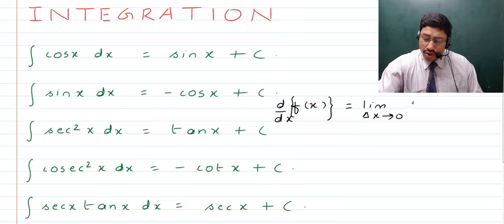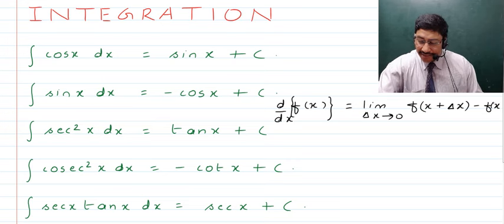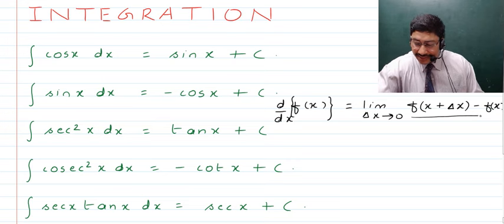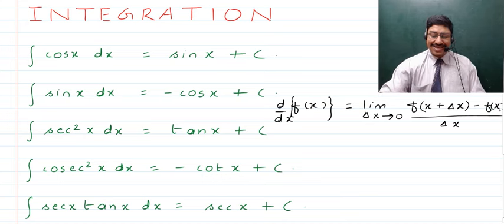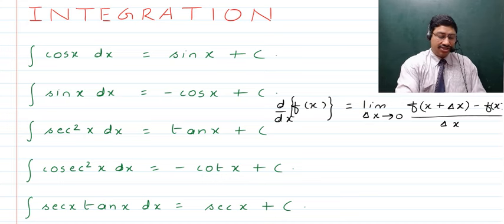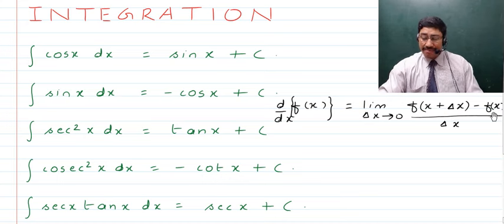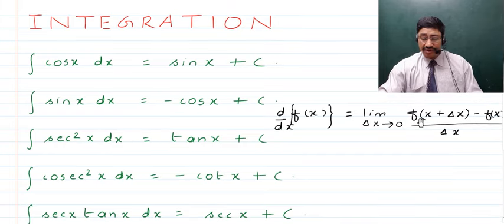Then if we talk about f of x plus delta x, from which is subtracted f of x, right, and this if say is divided by delta x, then this is actually change in the value of the dependent variable. As always, whenever you have f of x, you will get y.